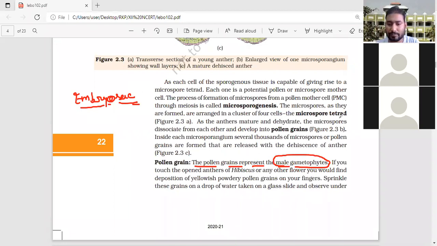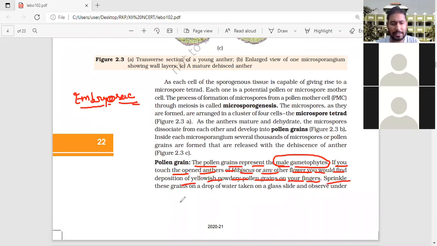Now, if you touch the opened anthers of hibiscus or any other flower, you would find deposition of yellowish powdery pollen grains on your fingers. If you have seen hibiscus rosa-sinensis, the China rose, and touch its anther, you will get a powdery substance.